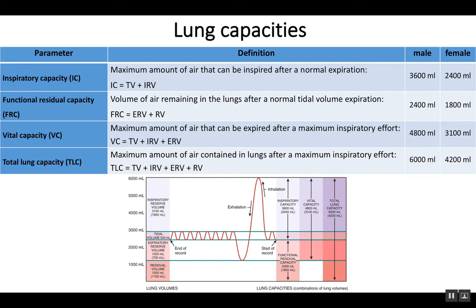This is an important volume because it's what you have left in that lung. If you were not to take another breath, how much air is in the respiratory tract that you can get oxygen from. That's a functional residual capacity. It's very important for anesthesiologists to understand FRC because anesthesiologists stop the respiratory system.